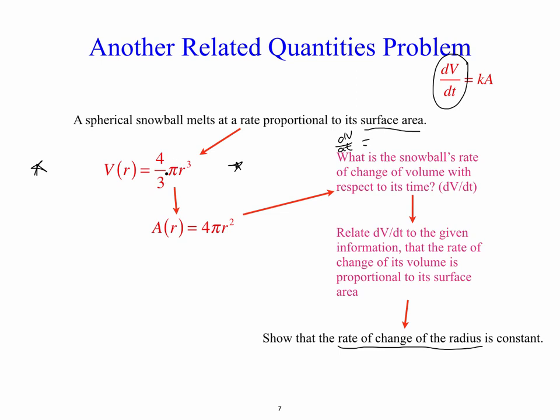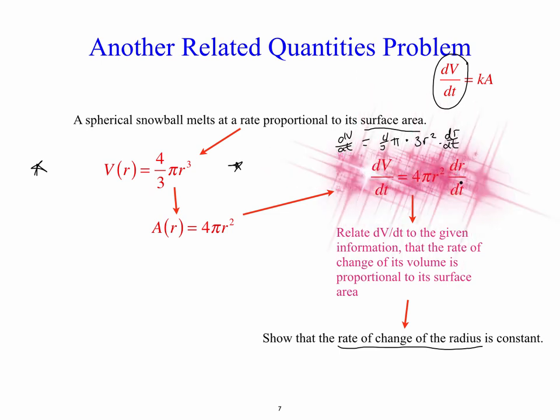So 4/3 pi is a constant, so we leave that alone because it's multiplying something interesting. What's the rate of change of the something interesting? 3r squared dr/dt, because I'm taking the rate of change with respect to time. So we get this. If you simplify, the 3's cancel.